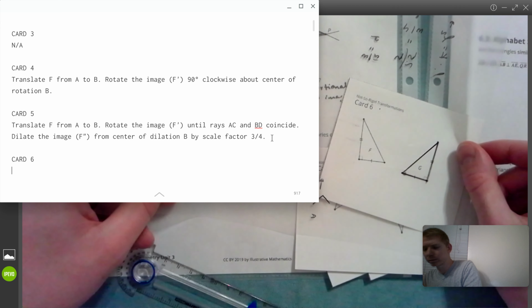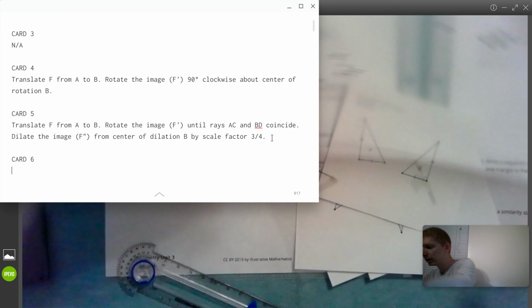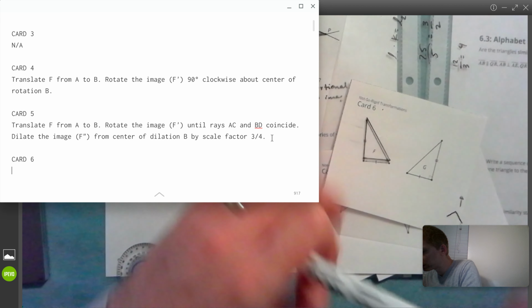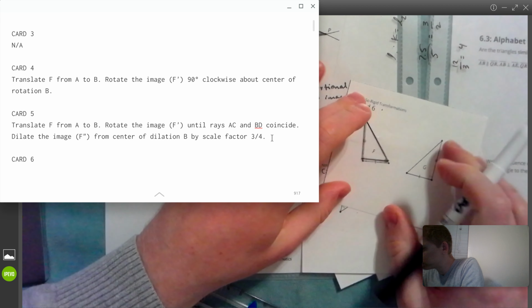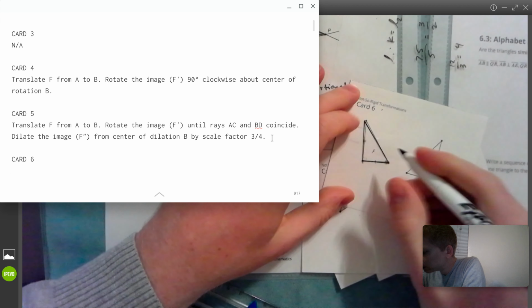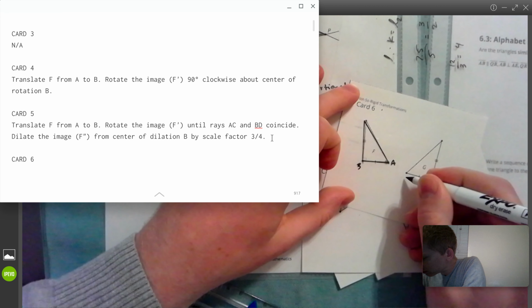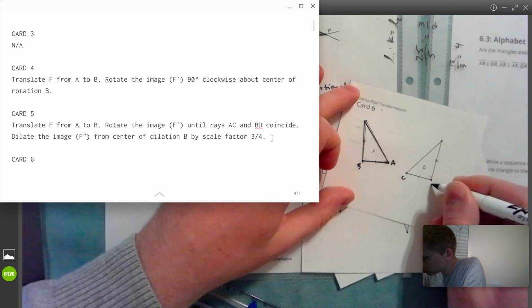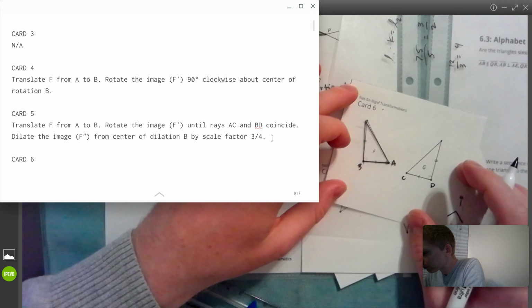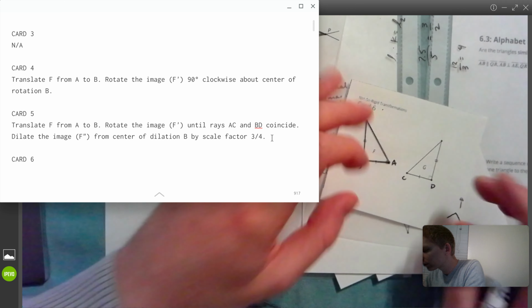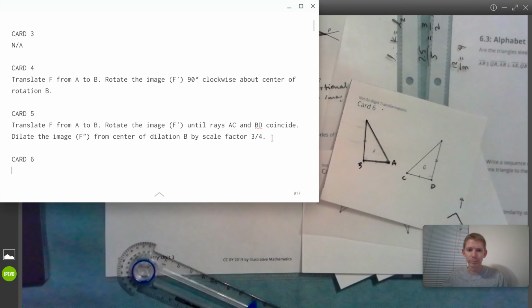Something like that. All right, so let's go ahead and label some points. We'll probably label A and B and then C and D, like that. All right.